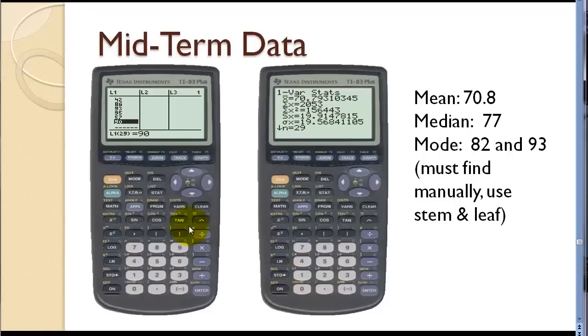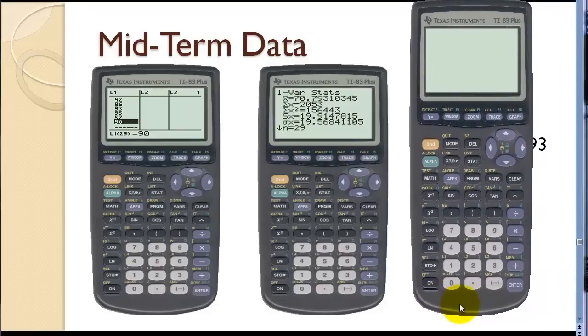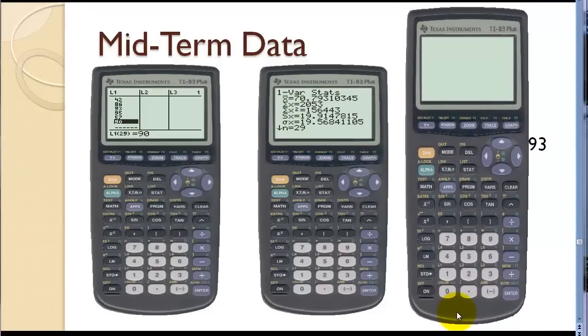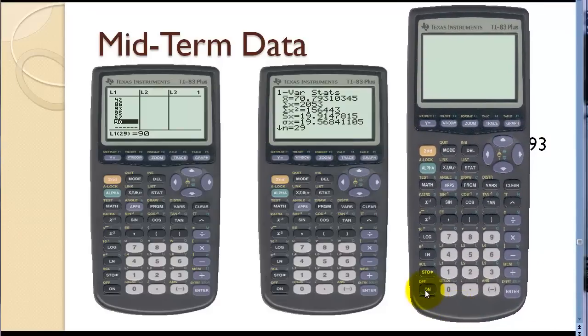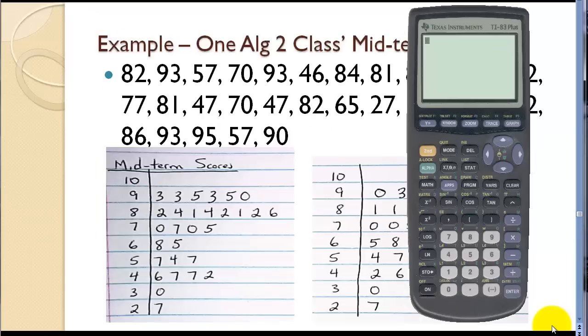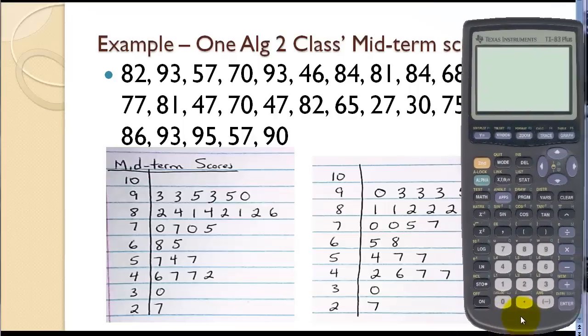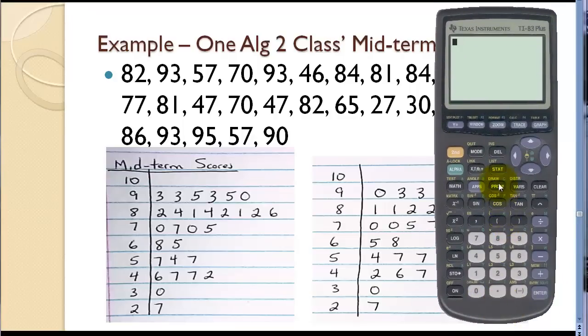Now we can use the graphing calculator to calculate all but the mode. And to do that, let me bring over the calculator. You've got some screen captures here, but let's look at how to do that. So let me pull up our data. So this was our data. Now the first step is to press the Stat button, and we want to input our data, so press Edit.